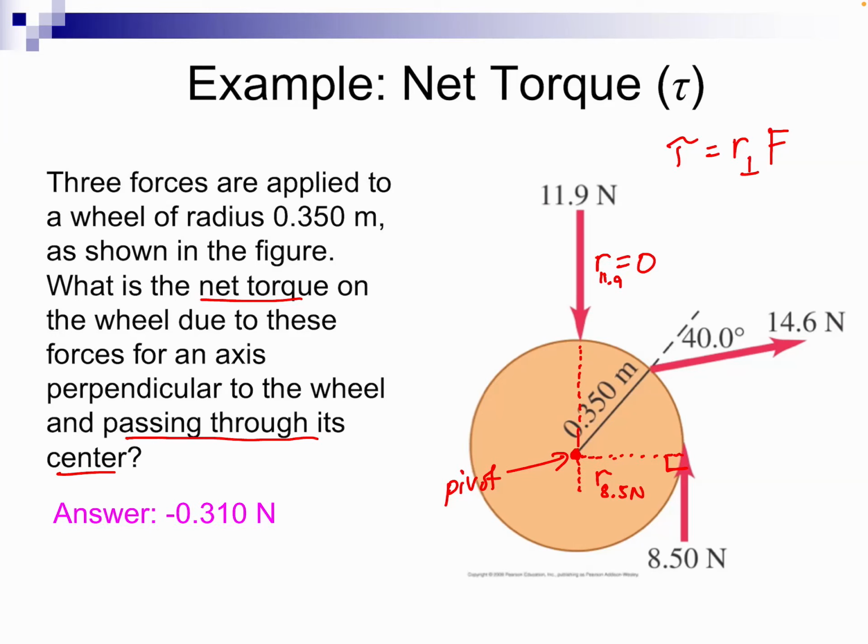What we want to find is that component that passes through the pivot and is 90 degrees to the force. Just like this 8.5 Newton force, we can draw this line perpendicular to that force, which defines the moment arm. The force is at the rim of the wheel, so the moment arm will therefore be just the radius of the wheel.